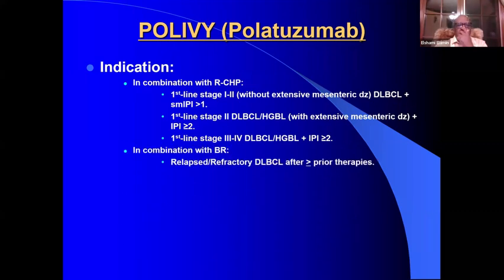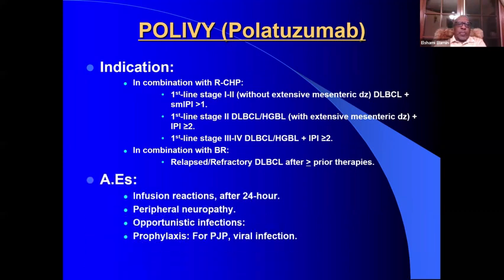It could also be given in combination with BR, bendamustine and rituximab, for relapsed refractory diffuse large B-cell lymphoma after prior therapies. You need to know some of the adverse effects of this drug, and infusion reactions. So when you give it, we keep the patient in the office to monitor for possible infusion reaction, and that could happen even late, 24 hours later.